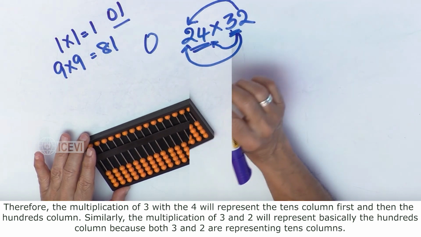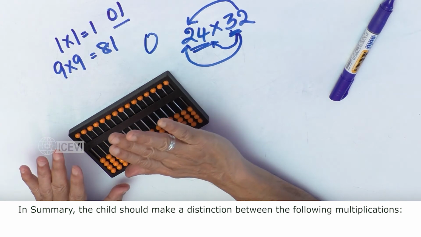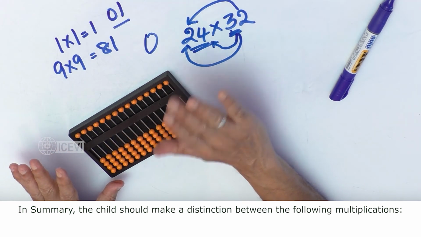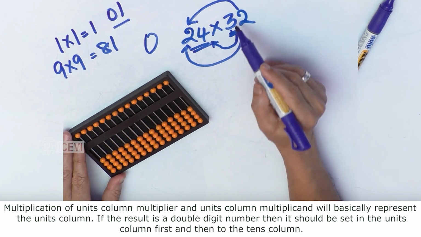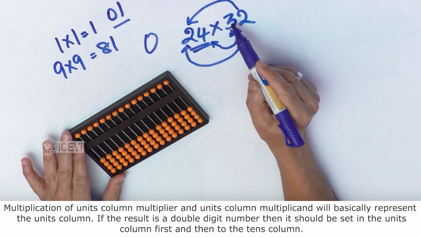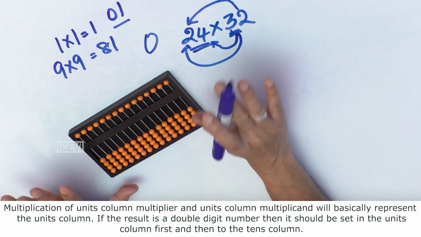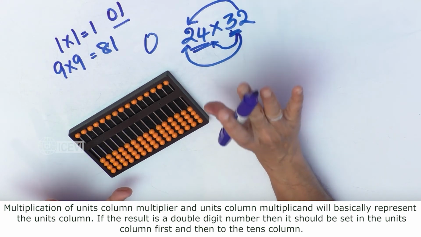In summary, the child should make a distinction between the following multiplications. Multiplication of units column multiplier and the units column multiplicand will basically represent the units column.